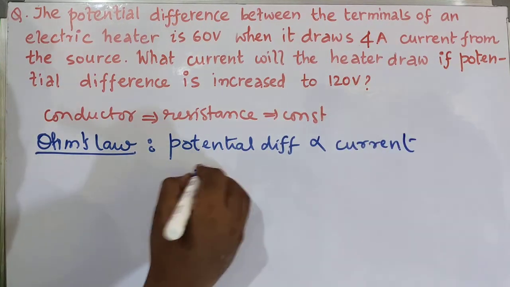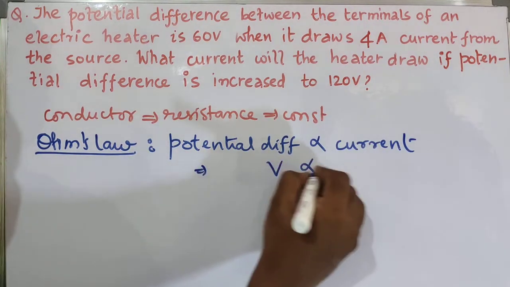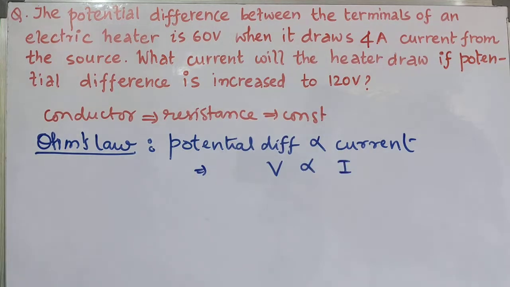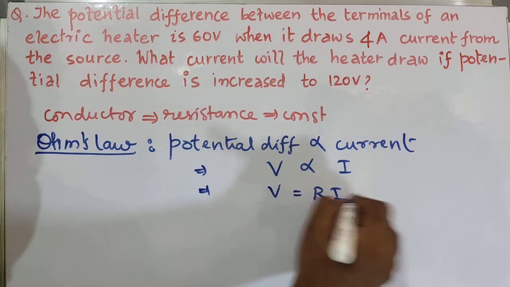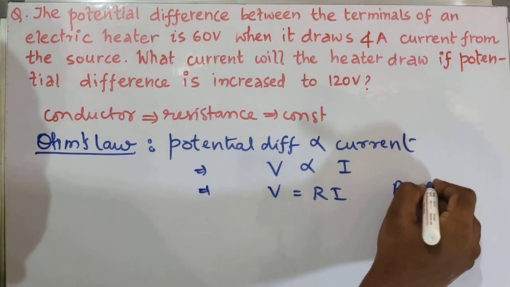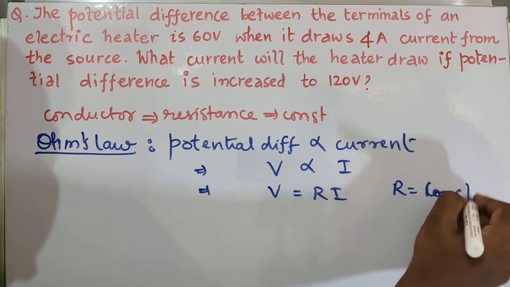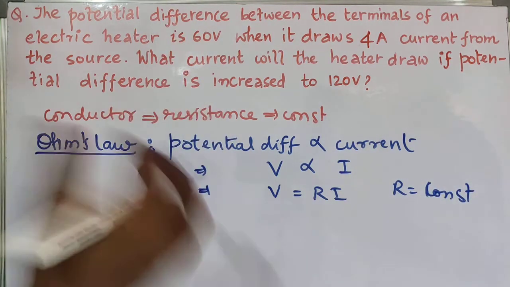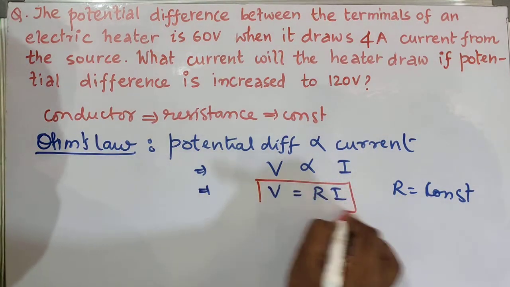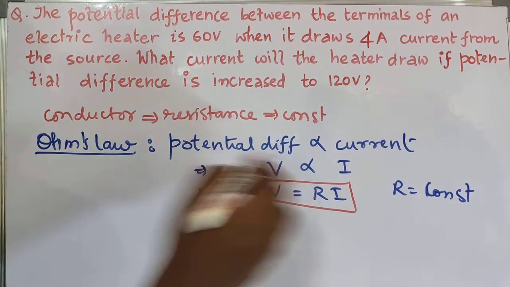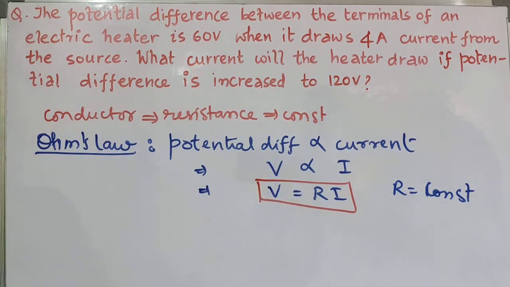If I denote potential difference by V and current by I, then V is proportional to I, and we can also write V is equal to RI, where R is the proportionality constant, and in this case it is really constant. Its value is not going to change. So when the resistance is not going to change, it will perfectly obey Ohm's law.